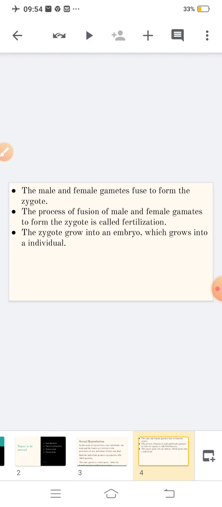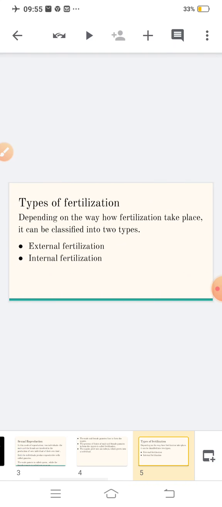The male and female gametes fuse to form the zygote. The process of fusion of male and female gametes to form the zygote is called fertilization. The zygote grows into an embryo which grows into an individual. Is this clear?